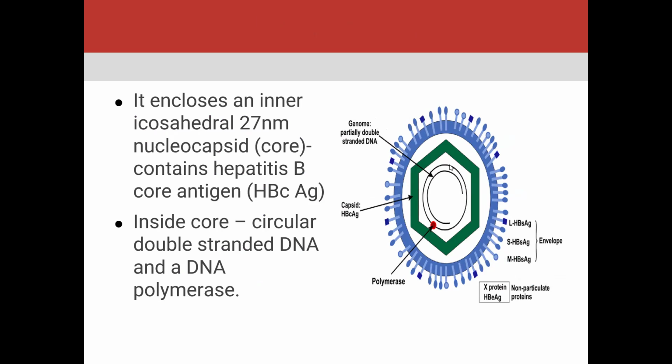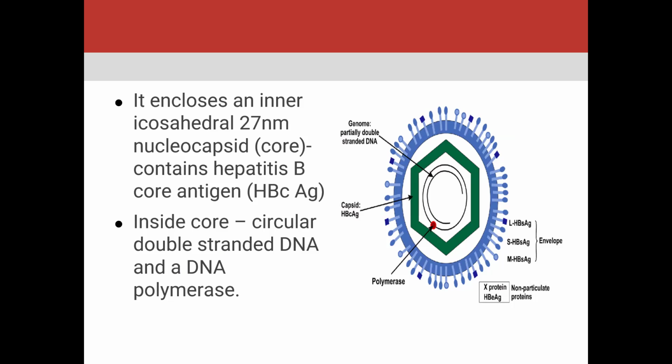Inside this, circular double-stranded DNA and DNA polymerase enzyme are present. In these strands, one strand is complete and the other is incomplete, the plus strand and the minus strand.